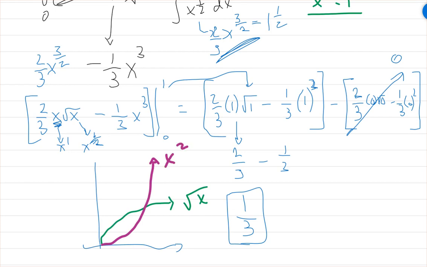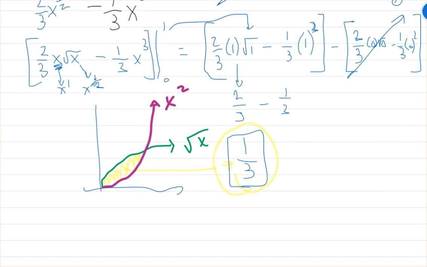This area right here, this area in yellow, is 1/3. Okay, it's a very, very small area. So if you wanted to find that area, that's how we do that. Hopefully that's helpful to you.